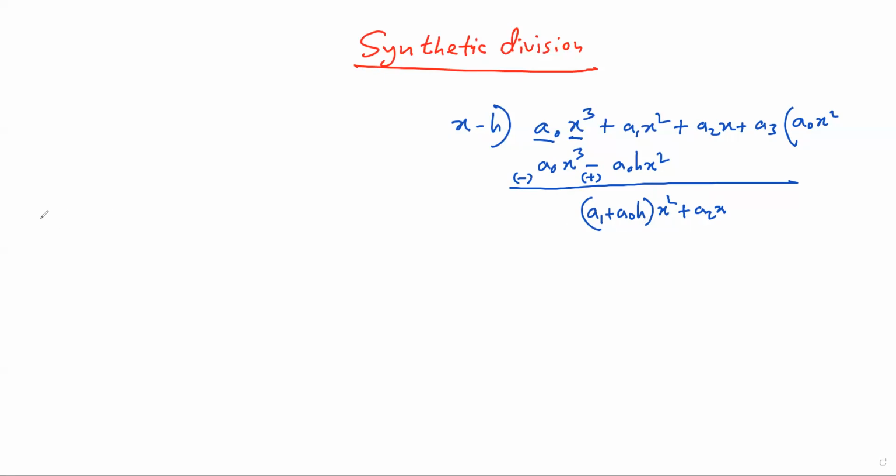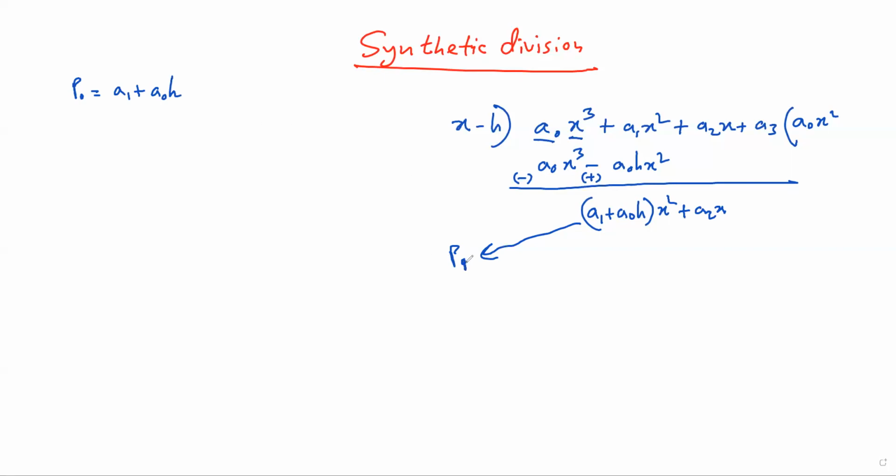Now, for the sake of simplicity, let's assume that this term inside the bracket is, for example, p0. That is, we are assuming p0 equals a1 plus a0 h.